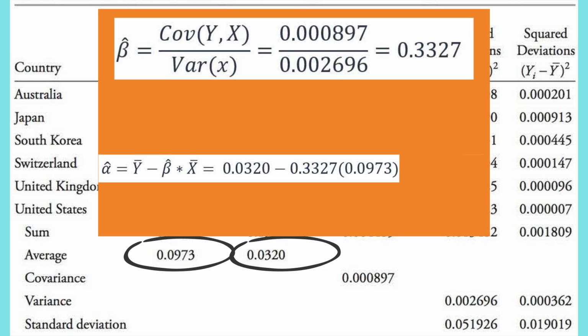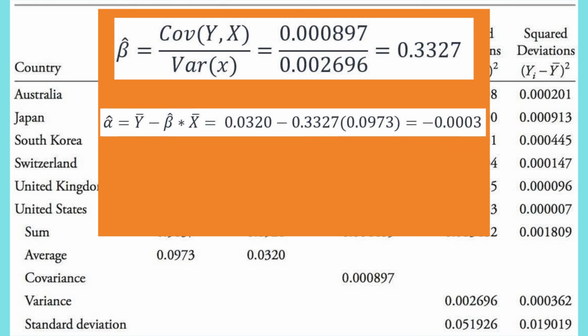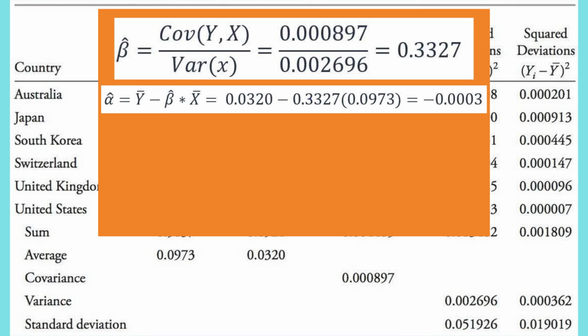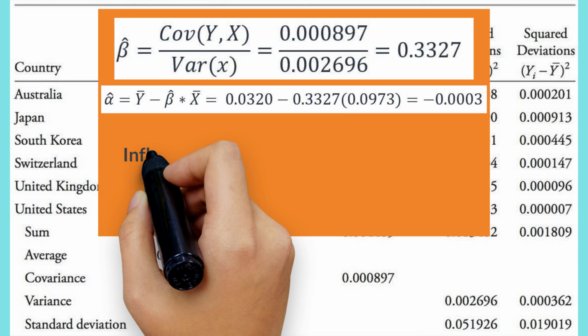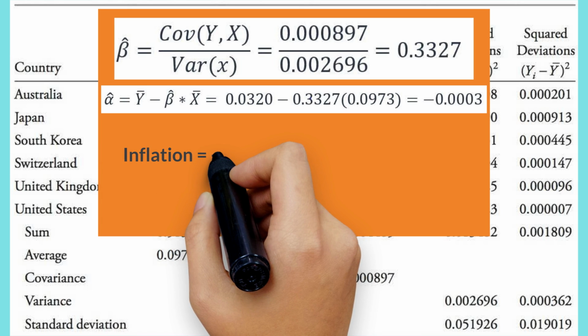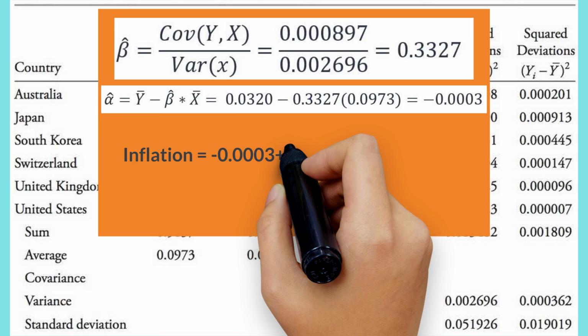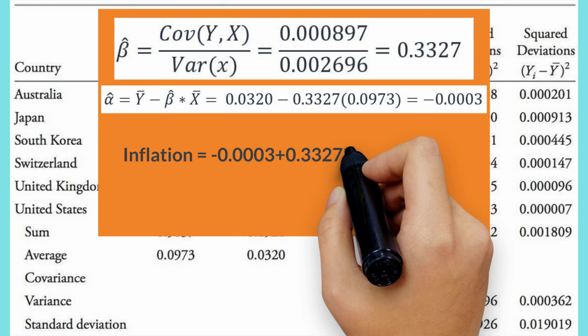Solving this equation gives us our estimate for the intercept as negative 0.0003. Finally, we plug in the estimates of alpha and beta to get our regression equation, which can be described as follows. Inflation is equal to the estimate of our intercept, negative 0.0003, plus the beta estimate of 0.3327 times money supply.